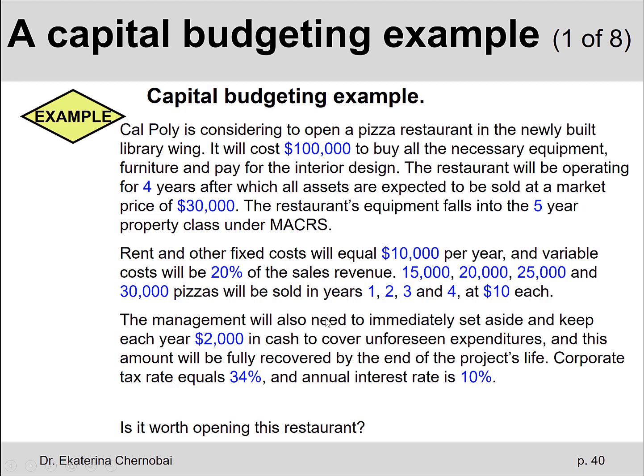The management will also need to immediately set aside and keep each year $2,000 in cash to cover unforeseen expenditures, and this amount will be fully recovered by the end of the project's life. Corporate tax rate equals 34%, and annual interest rate is 10%. Is it worth opening this restaurant? So we need to calculate the net present value. If it's above $0, then we will say it's worth opening the restaurant.